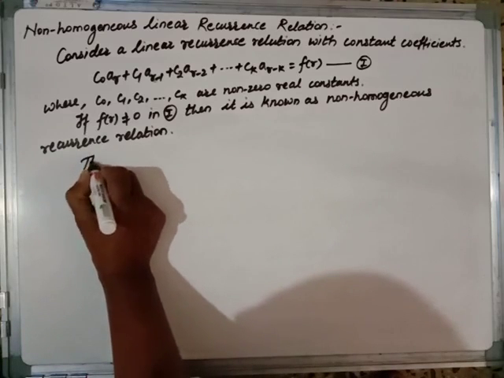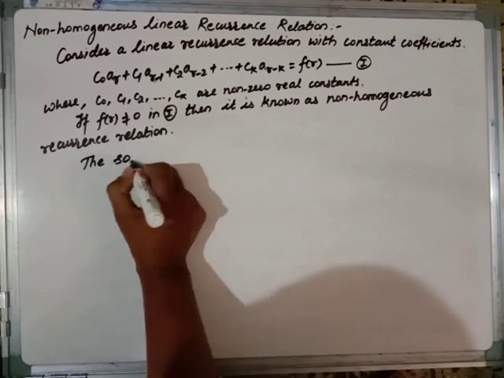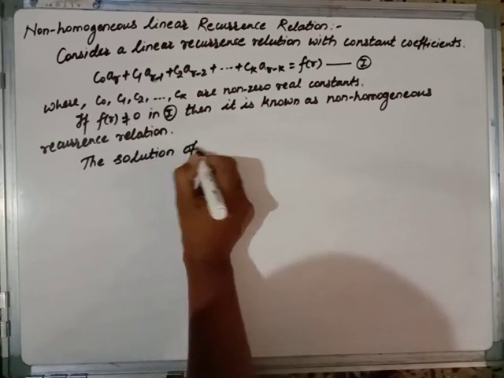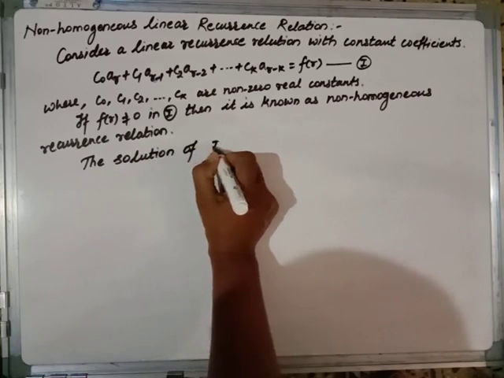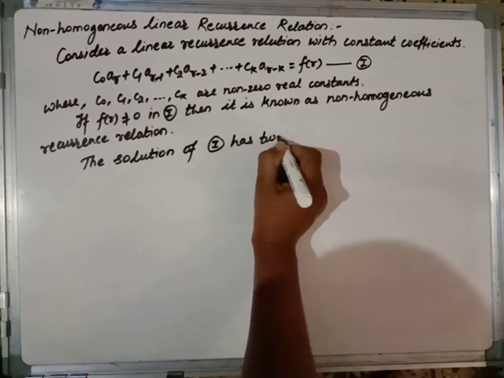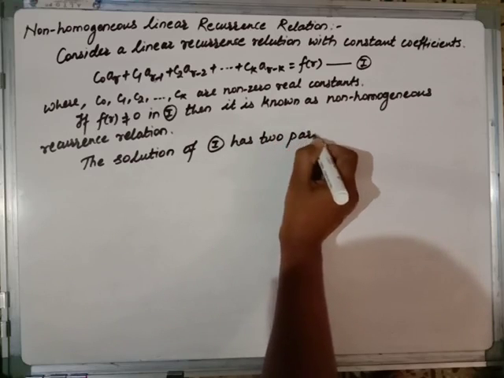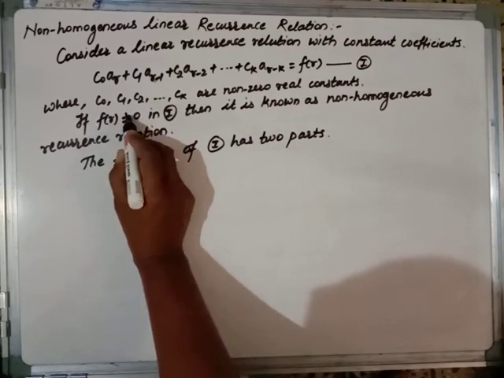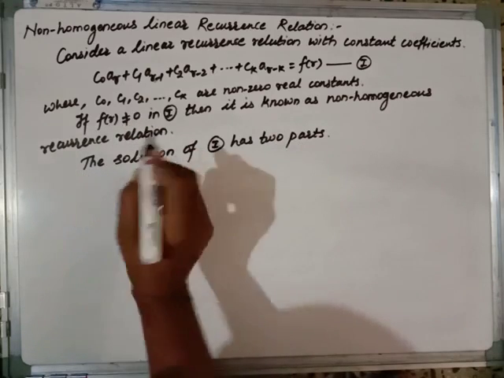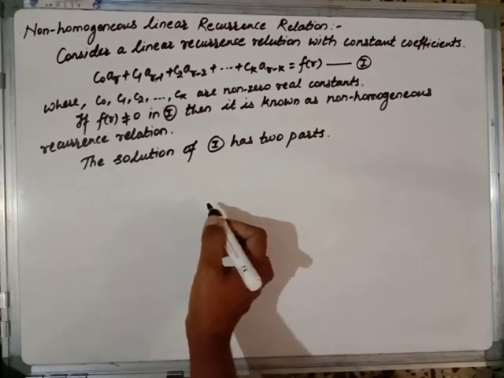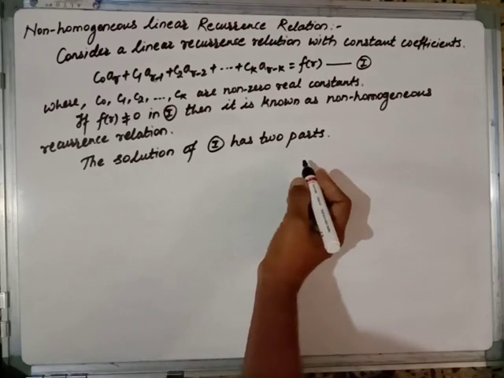The solution of equation 1 has two parts. Already we have seen the case when f(r) is zero, the homogeneous recurrence relation. In previous videos we have solved that one.